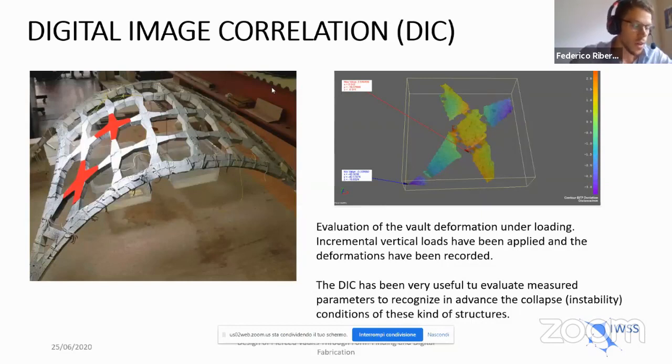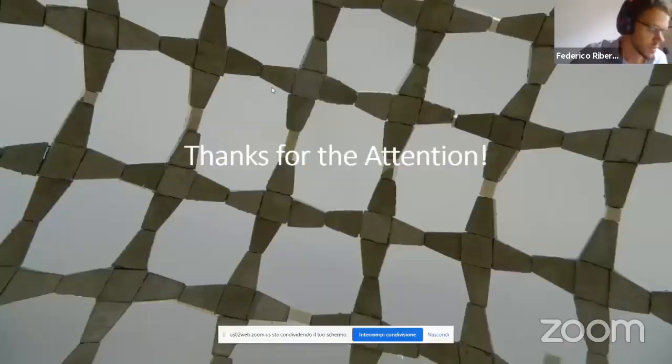The DIC provided qualitative information on the structural behavior, and the deformations observed during the FE analysis were recognized to be in good agreement with the DIC displacements and strain measurements. So the DIC analysis can be used to extract measured parameters to recognize in advance the collapse condition of this kind of structures. Thanks for the attention.